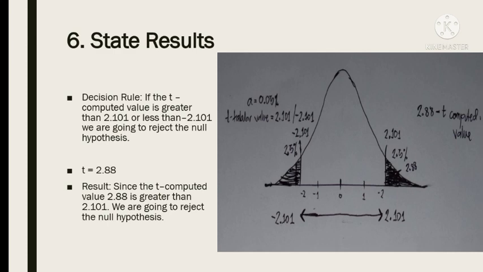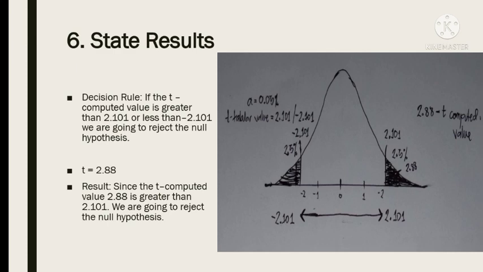Based on our calculation, the t computed value is 2.88. So the result is, since the t computed value of 2.88 is greater than 2.101, we are going to reject the null hypothesis. It is because 2.88 is inside the rejection area, which is beyond the positive 2.101.